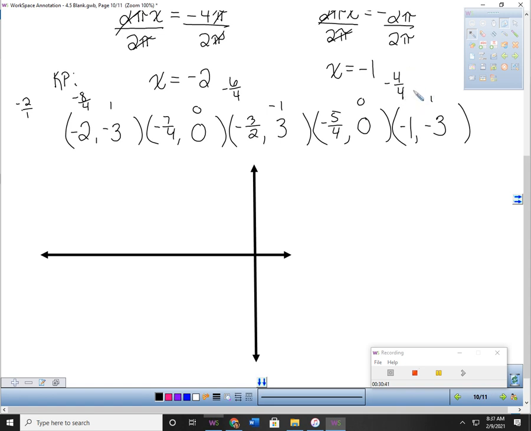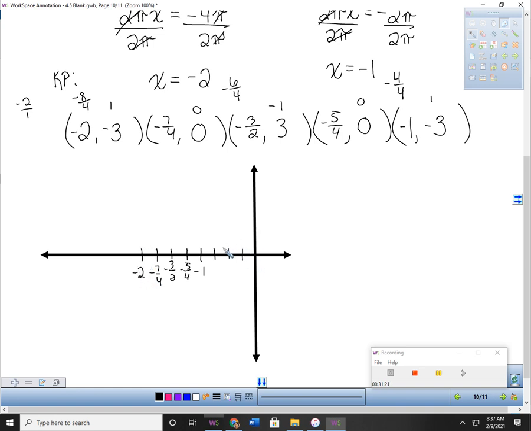So I'm going to be counting by fourths, correct? So like I have negative 1 fourth, negative 2 fourths, negative 3 fourths, negative 4 fourths. That's my negative 1, right? And then we have negative 5 fourths, negative 6 fourths, which is my negative 3 halves, negative 7 fourths, and negative 8 fourths, which is my negative 2.